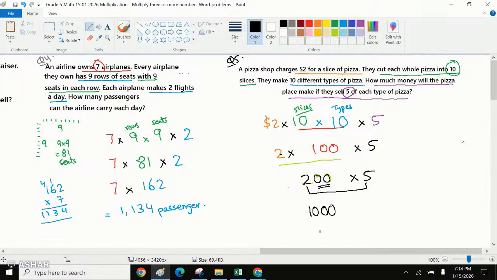Yes, 100 slices, $2 each. That means they're making $200, but they're making 5 of each type. That means the pizza parlor would make $1,000 for selling these many slices of pizzas, right?